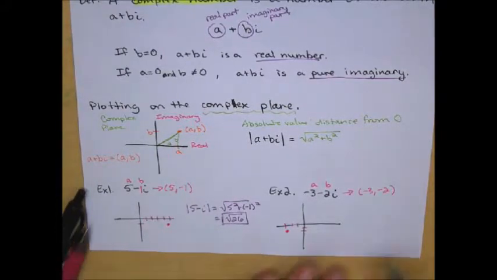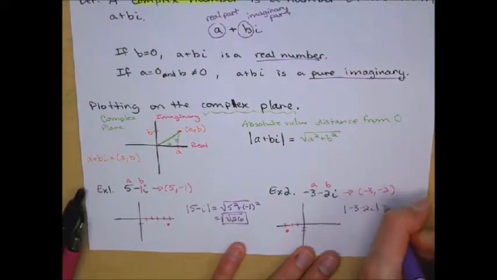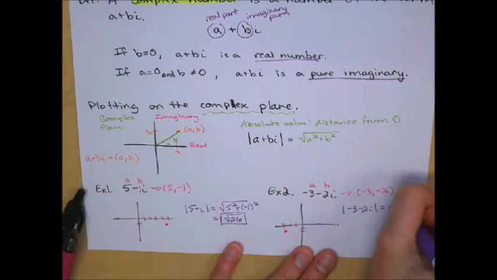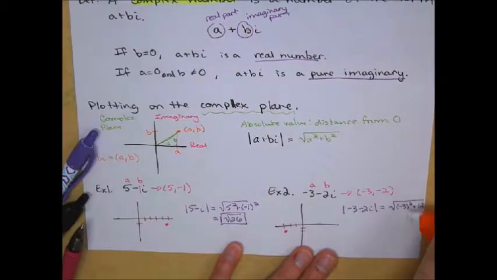When I'm finding the absolute value, I'm going to do negative 3 squared plus negative 2. Let me write that out. Let me start over and try and make sure that fits.